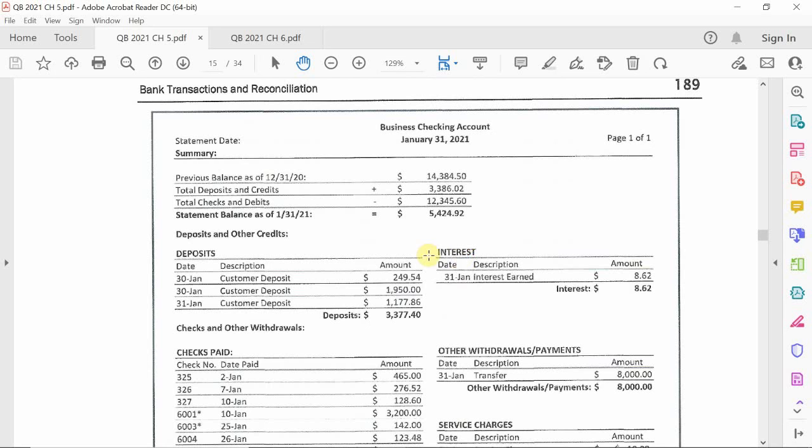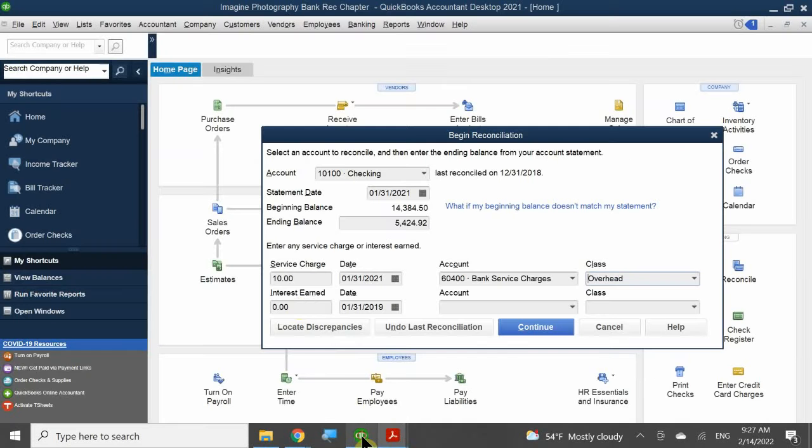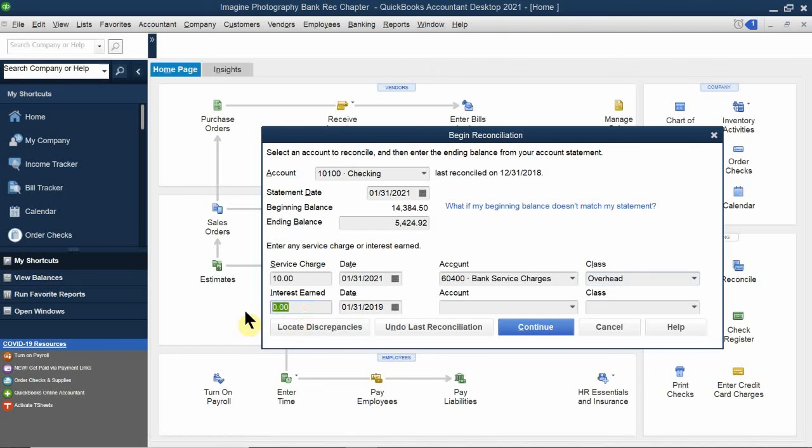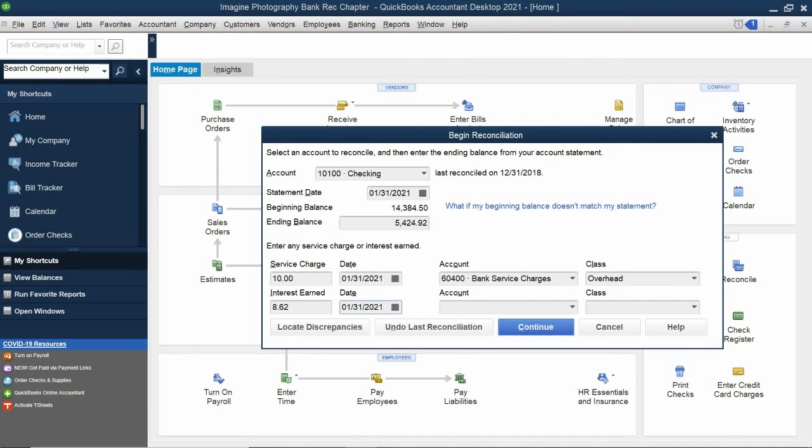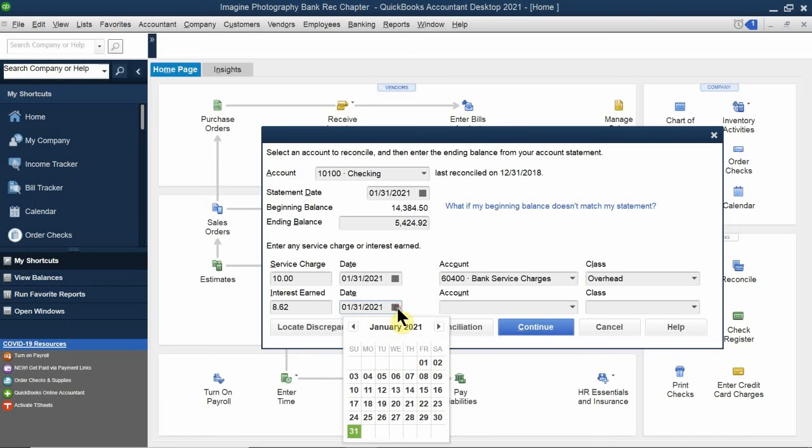So in this case, interest was done on the 31st, and I collected $8.62. So that's what I got to put in here. $8.62, charged on January 31st, 21.